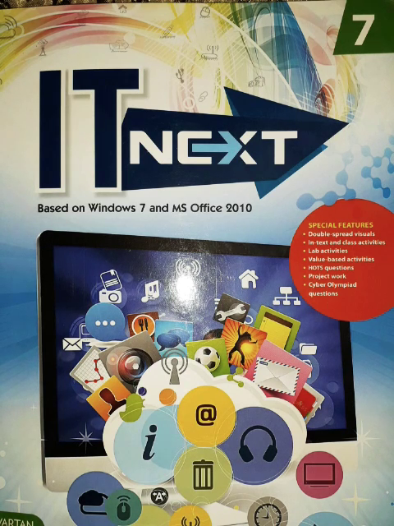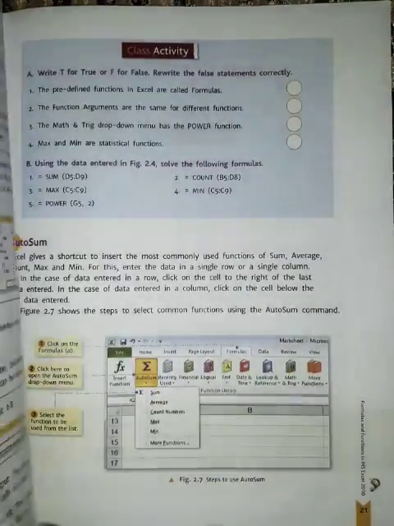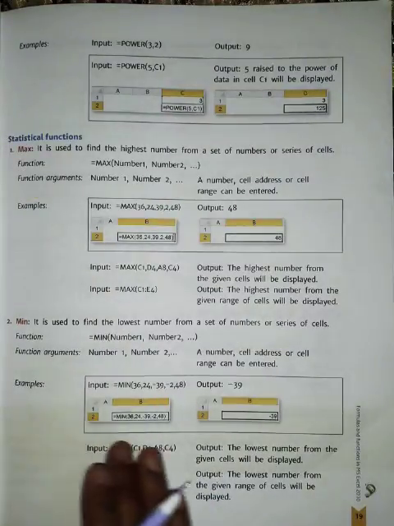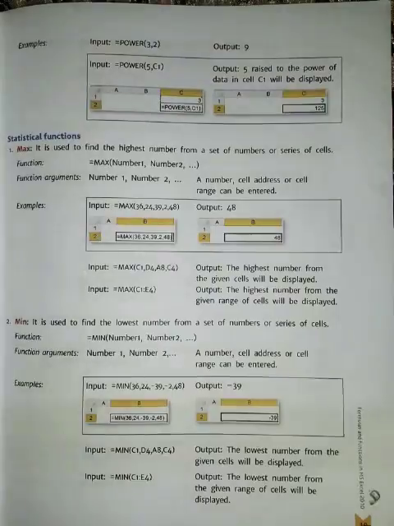Students, let's start to read about statistical functions. As we are studying functions, in the last video I told about the power function, that is related to the maths and trig functions.